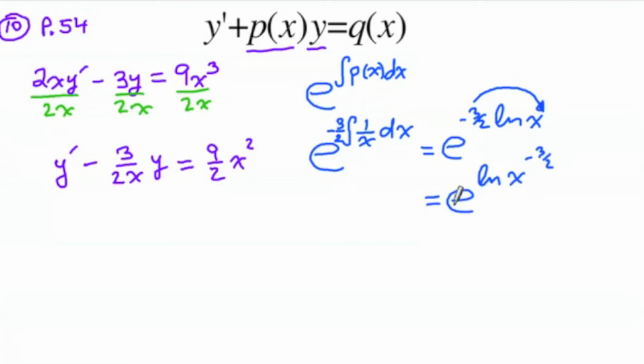And now that the e and the ln are next to each other, they kind of go poof, and we just get this nice algebraic expression. So this is going to be our integrating factor. We're going to multiply our equation by this to produce the product rule.